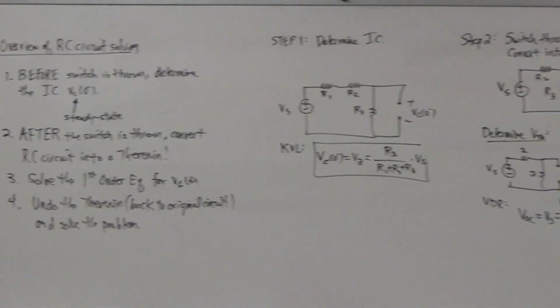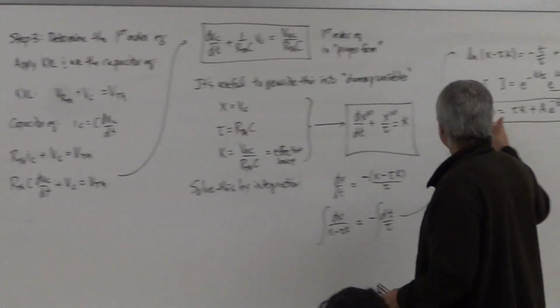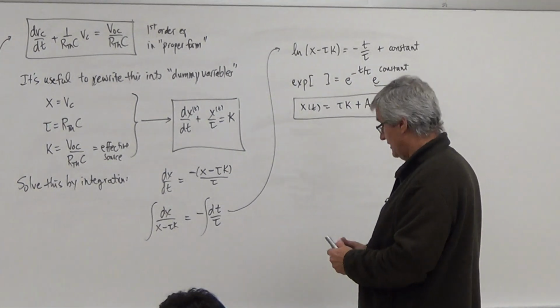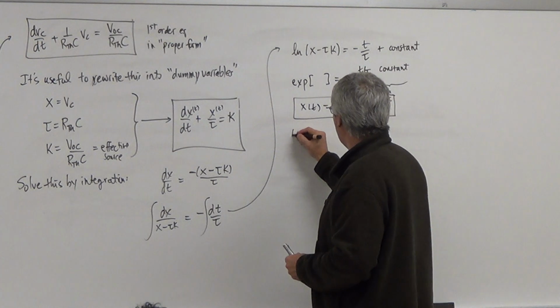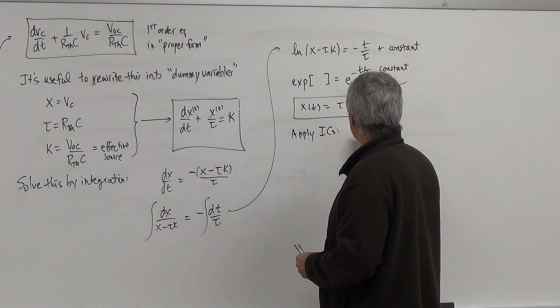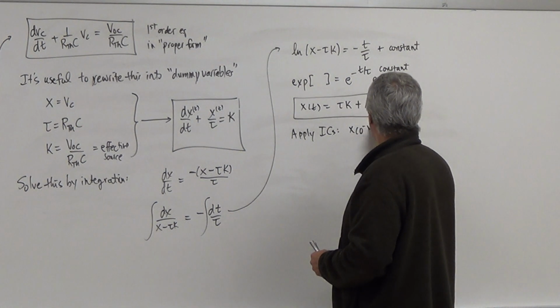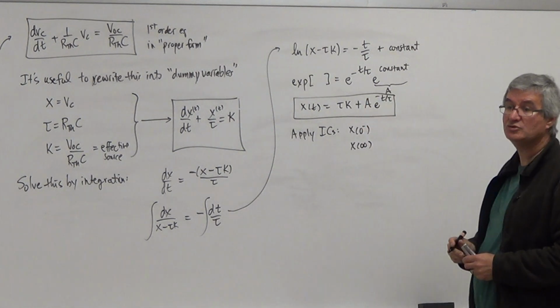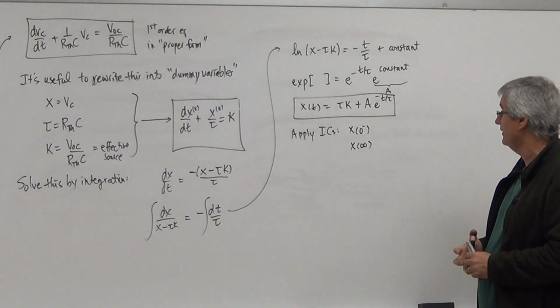So I can come over here and I can force this guy to behave this way. So now I'm going to apply initial conditions. That means x of 0, and then x at infinity here. Those conditions must be met here.